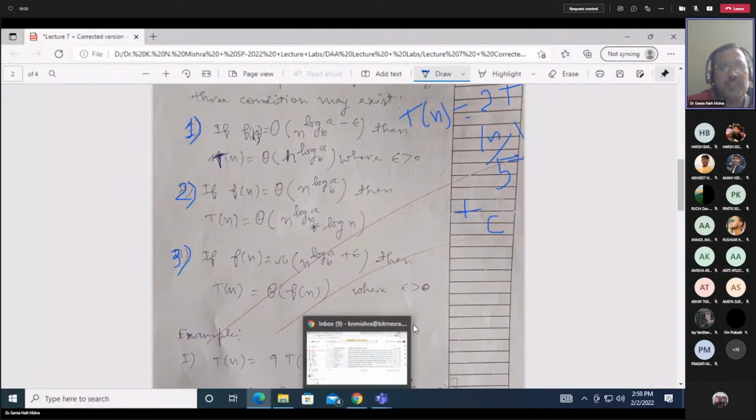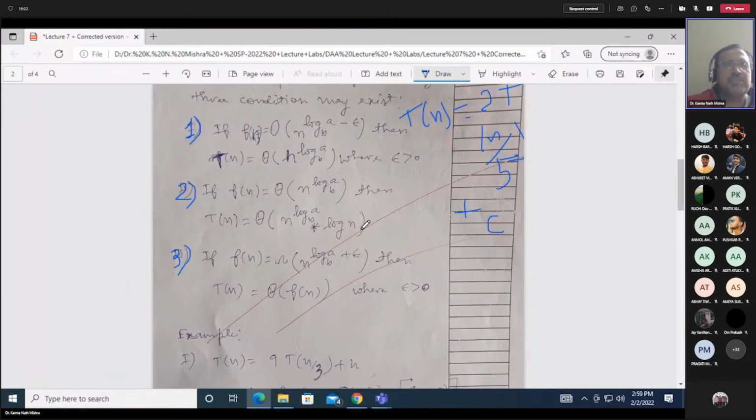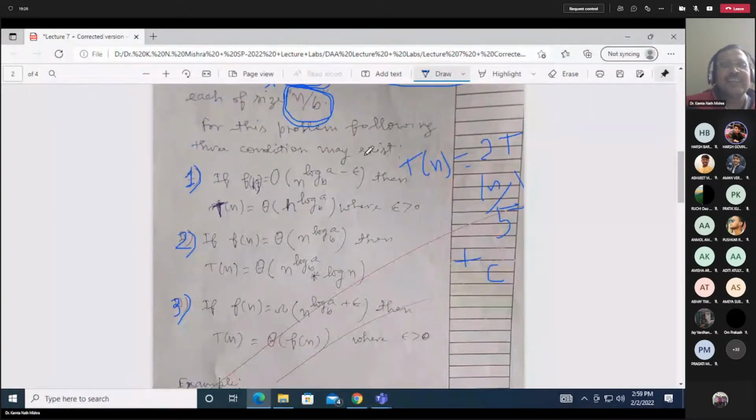Now, Harsh Govind ji, can you read the first condition? Yes, sir. If Fn is equal to big O of n to the power log A base B minus epsilon, then Fn is equal to theta of n to the power log A to the base B, where epsilon is greater than 0.